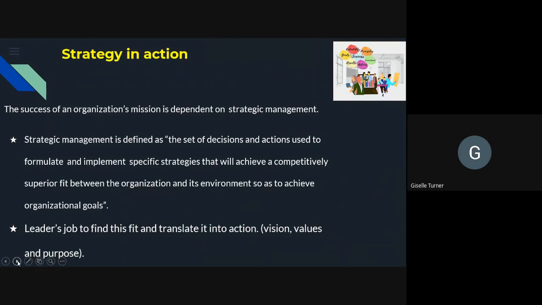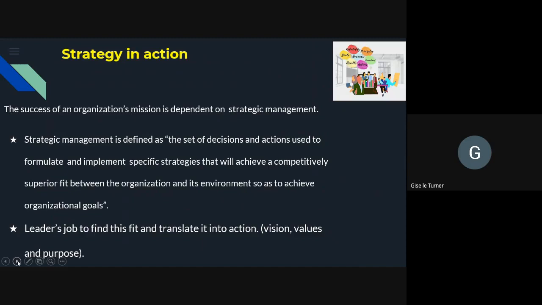So, strategic management is dependent on the success of an organization's mission. And the definition of strategic management is a set of decisions and actions used to formulate and implement specific strategies that will achieve a competitively superior fit between the organization and its environment so as to achieve organizational goals.